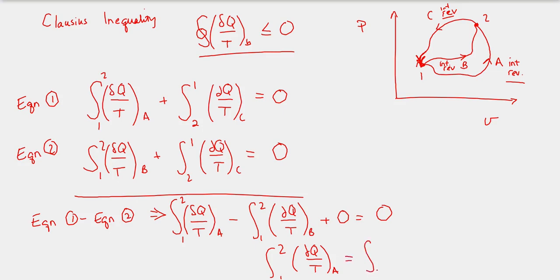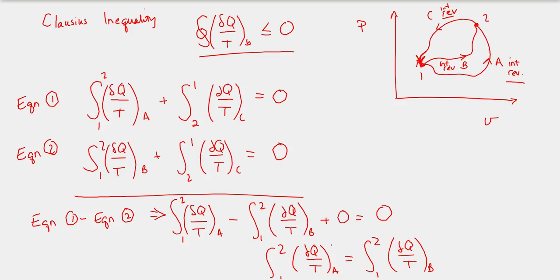And this equation tells me, wait a minute, I can take any arbitrary path that's internally reversible between states 1 and 2, and I end up with identically equal values for these integrands. That's the very fundamental definition of a property. A property only cares about the endpoints, not about the process path.